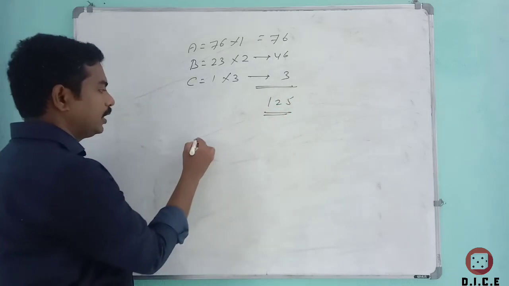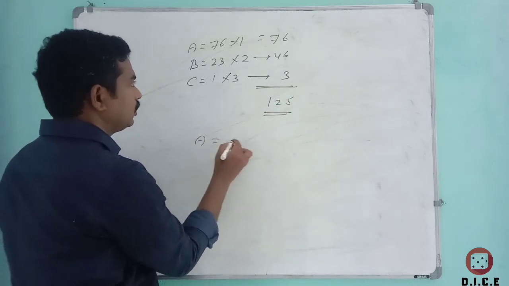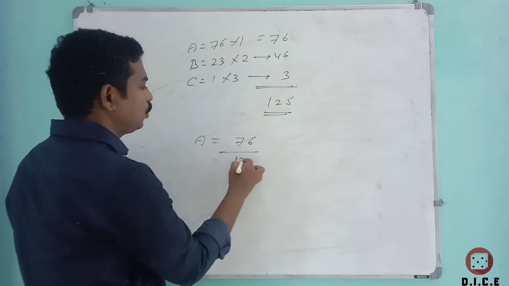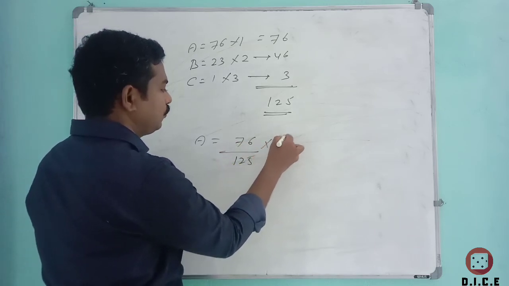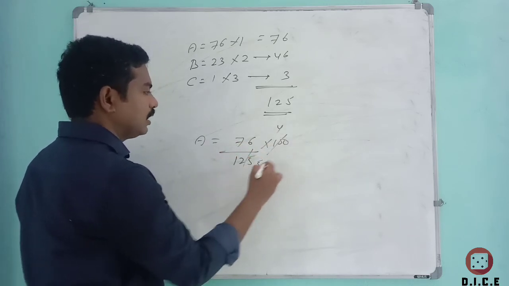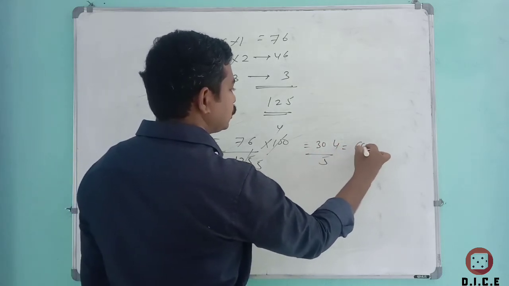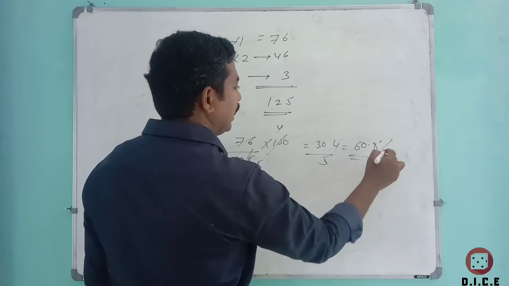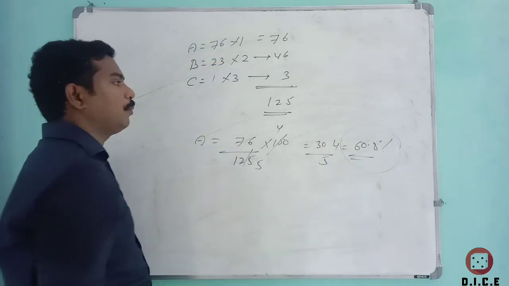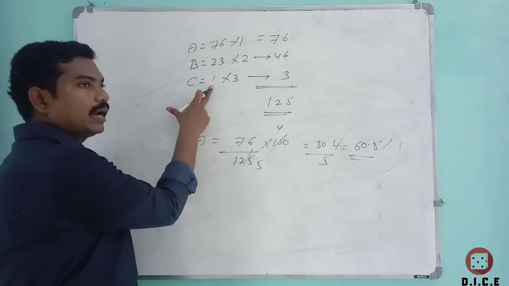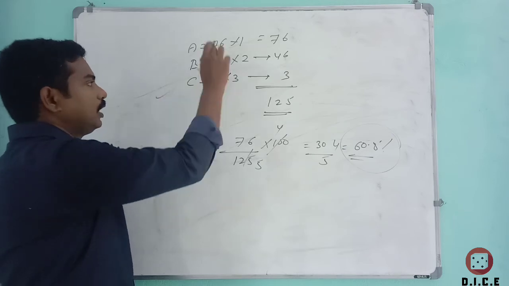Now if you check here, A is 76 by 125 into 100, that is 304 by 5, that is 60.8%. So it is above 60, and the option I have taken is absolutely the right answer.